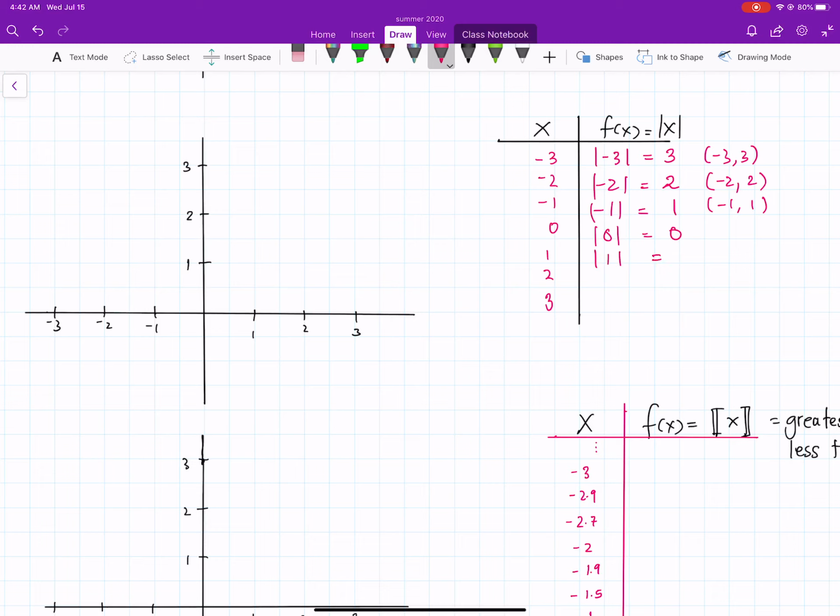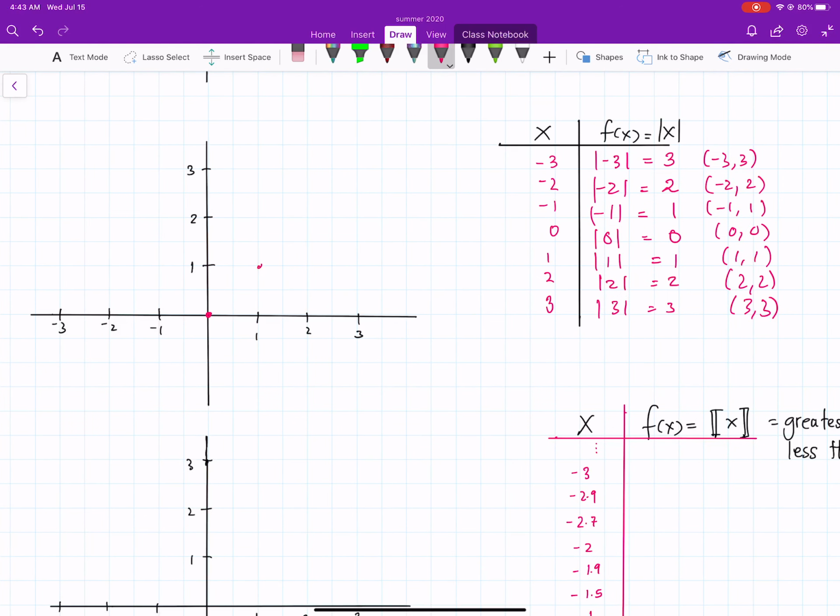Absolute value of 1 is 1. Absolute value of 2 is 2. Absolute value of 3 is 3. So I have 0, 0, 1, 1, 2, 2, and 3, 3. All right, so if we locate this, we have these points: 1, 1, 2, 2, and 3, 3, and -1, 1, -2, 2, and -3, 3.